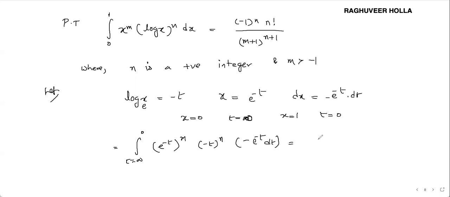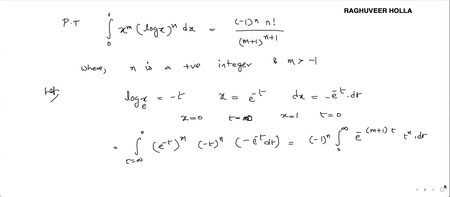Okay, which is equal to minus 1 to the power of n, integral 0 to infinity e to the power of minus (m plus 1) into t, t to the power of n dt.